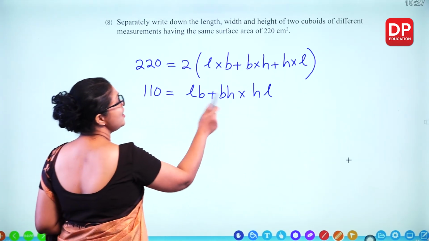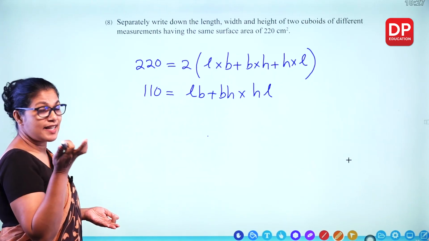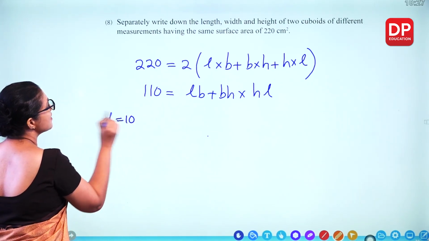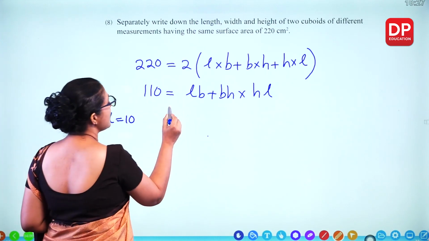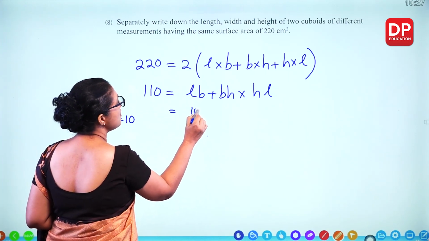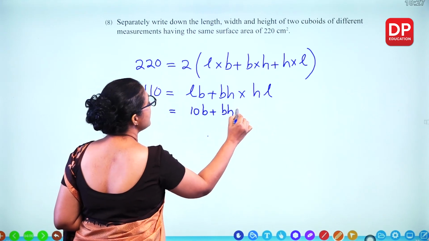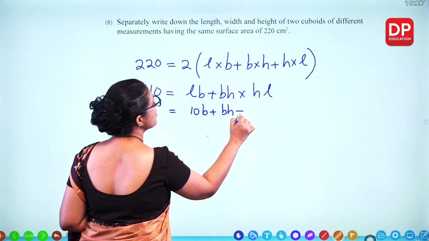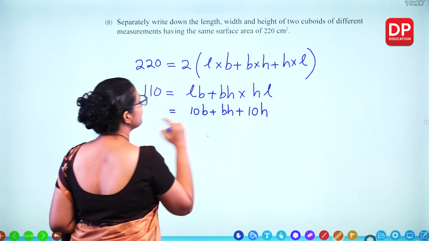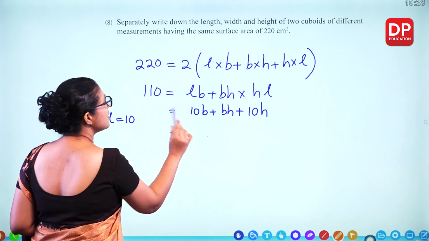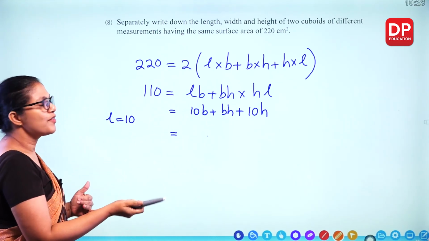So here we need to just randomly take a number. So we'll take length as 10. If length is 10, this becomes 10B, BH, and this is 10H. And you need to get random numbers and find out the other one.